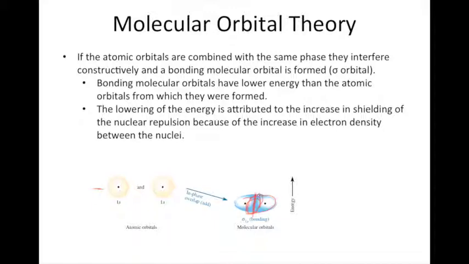If the electrons were not in here, the nuclei would repel each other, and we would have a very unstable molecule. But because we have electron density in between the two nuclei in this bonding molecular orbital, the nuclei are attracted to those electrons and do not repel each other. And so we end up with a more stable molecule when we have electrons in bonding molecular orbitals.